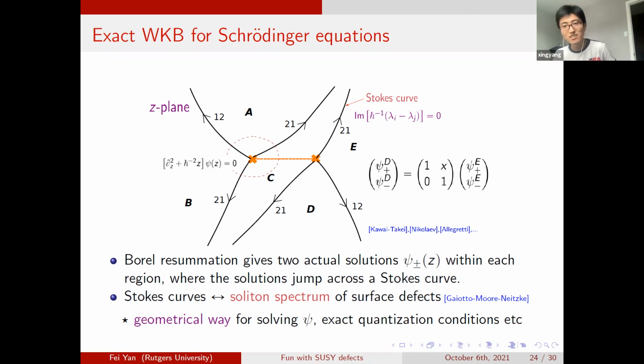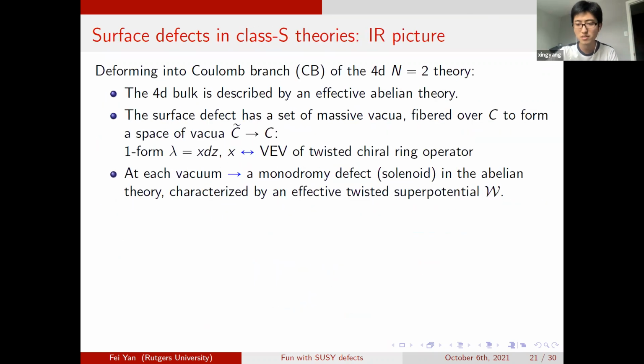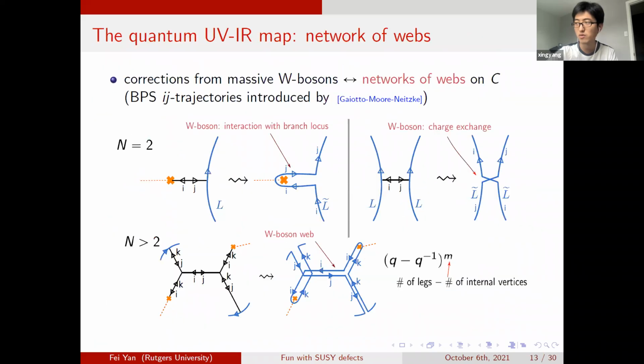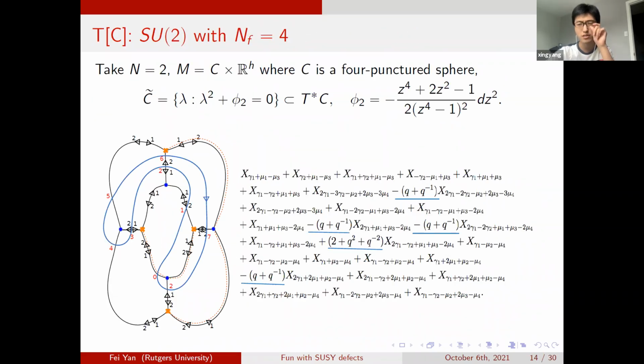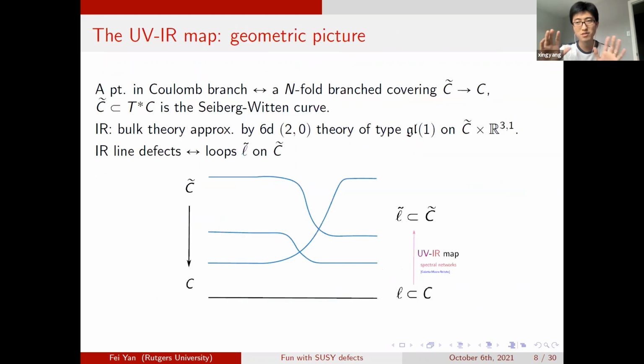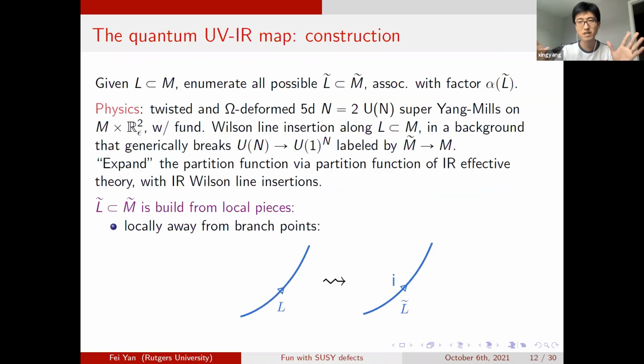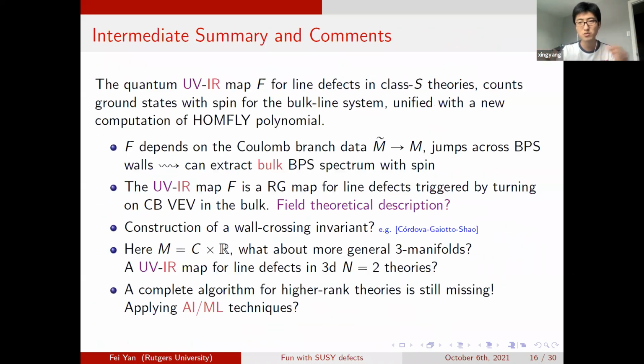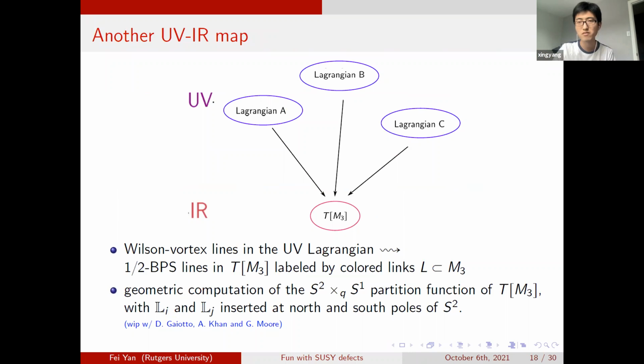Hi, Fei. I have a quick question about this UV-IR map of these defects. If I consider a pair or several theories which are infrared dual to each other, say they are different UV theories, how should I expect these defects to behave? Like there are different defects in different theories in the UV, which then flow to the same infrared behavior?